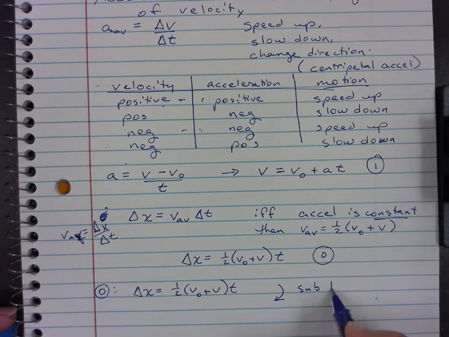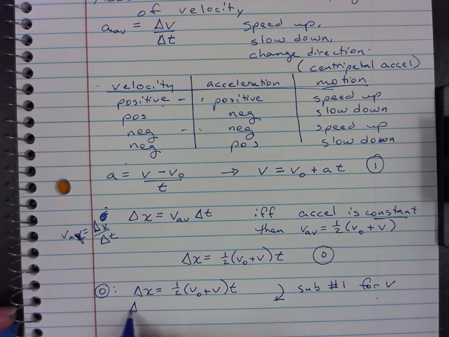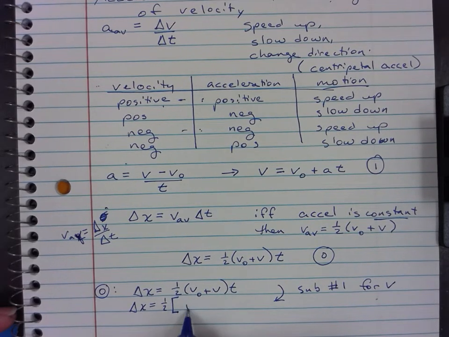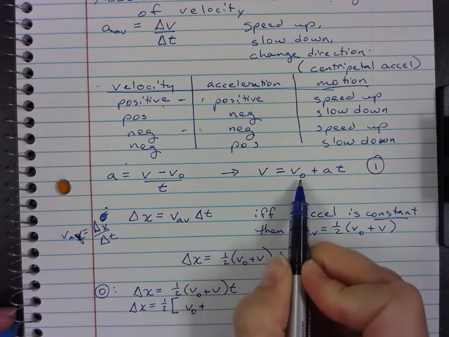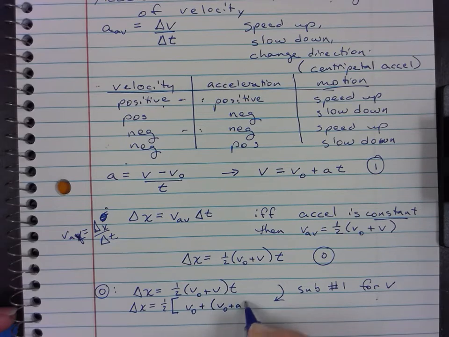So sub number 1 for v. We are going to get delta x equals 1/2, open, I'm going to change it to brackets because it's going to be so long, v naught plus, instead of v, I write v naught plus at, all times t.